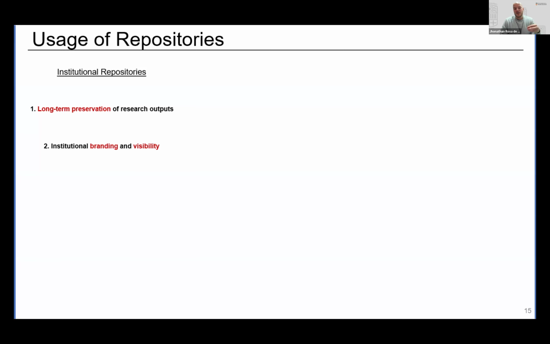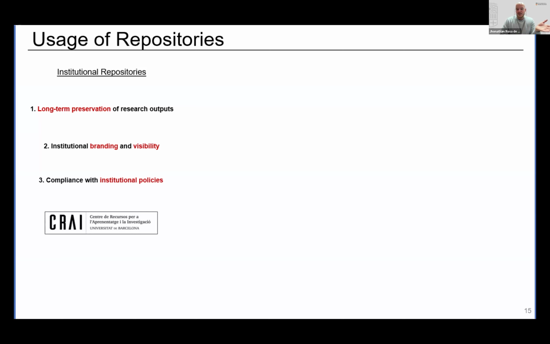For example, if you work for some company or some university, you can use the brand of the institution to spread the visibility of your research. And you can also count on compliance with institutional policies that helps you have better practices about the data and about publishing your research.